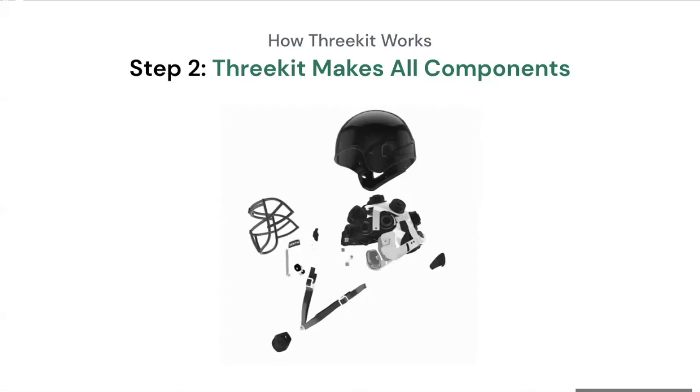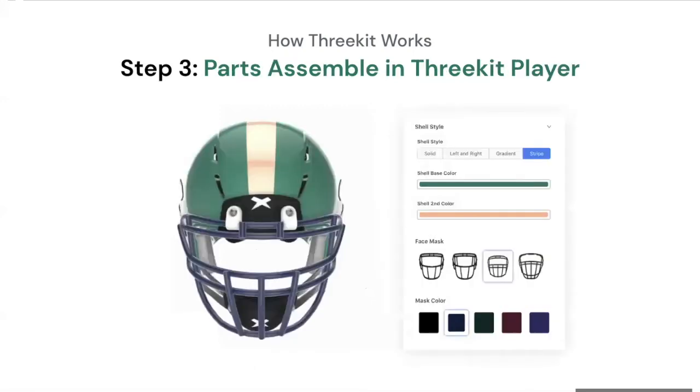So finally, the third step, once we have all of our pieces in Threekit, we can assemble them in real time in a 3D player. And when this is done, it's ready to live on your site. And you can have a custom UI like this, where your customers are able to put all those pieces together and build your product with those pieces that you've set up in Threekit.